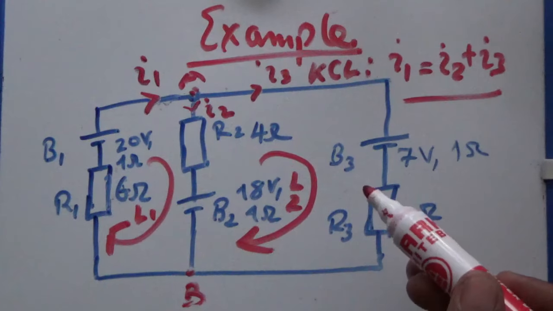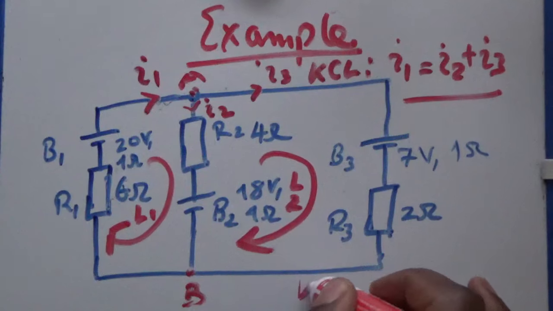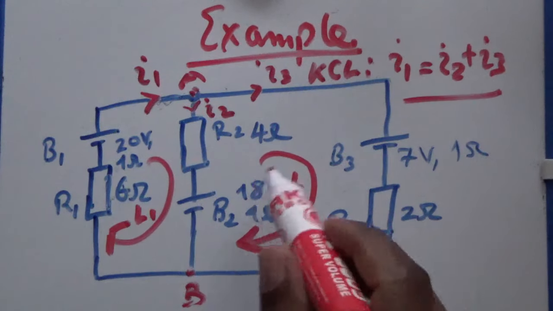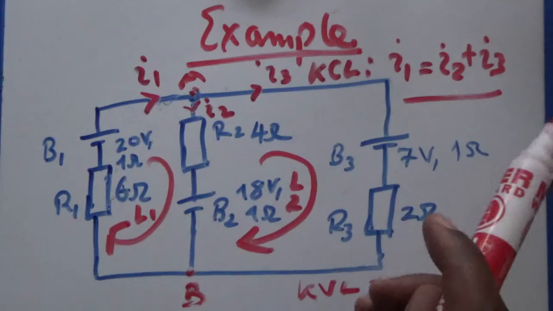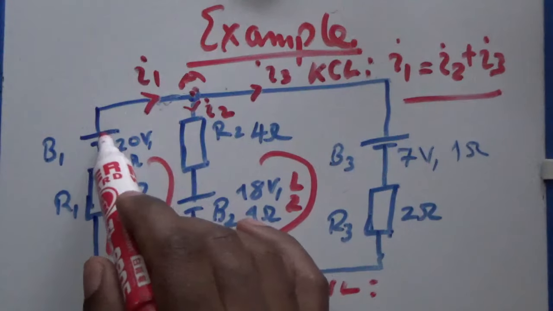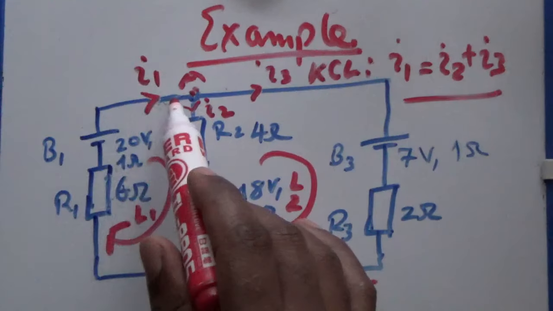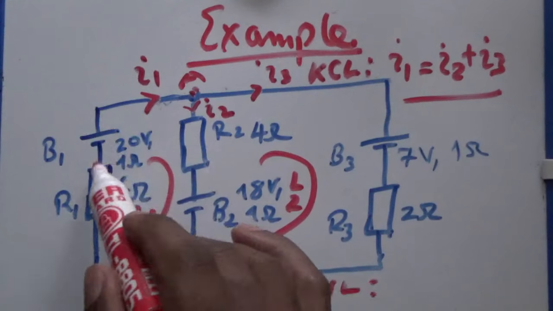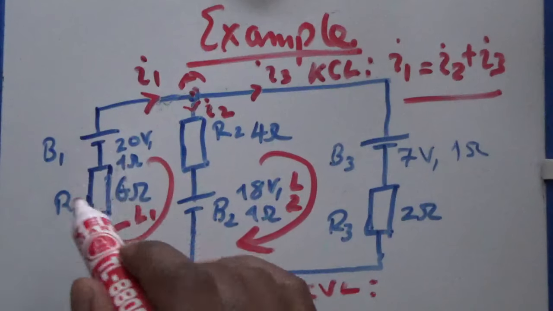And then we follow the nomenclature for this KVL. Once we follow the nomenclature, we start our business. This loop here, this battery here produces this current. The loop here is in the direction of that current, so this EMF will be positive.